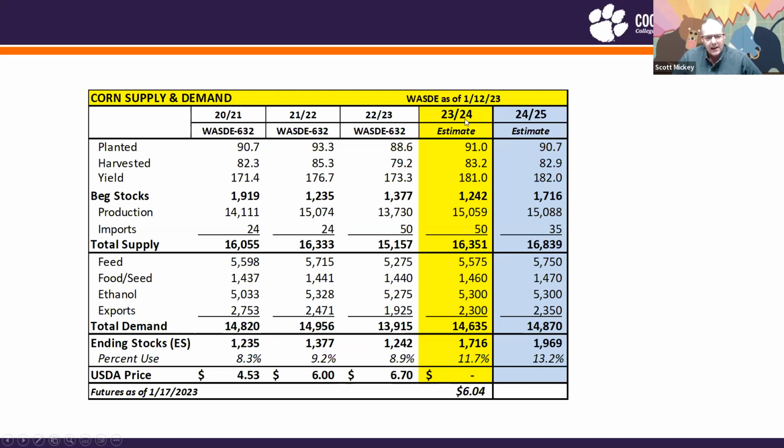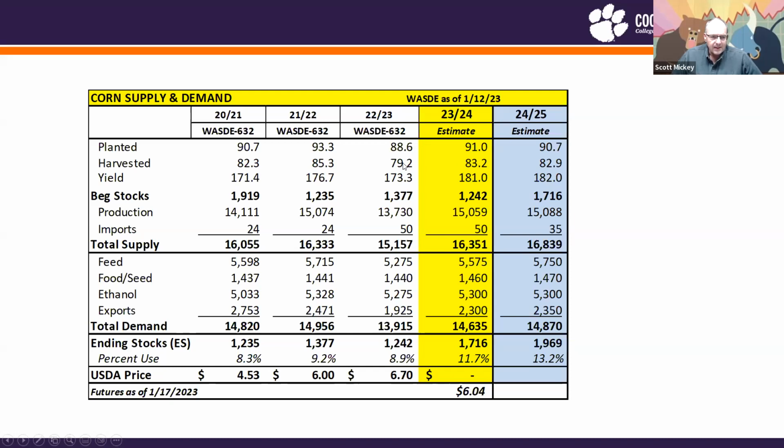These last two columns are not USDA numbers. They're my estimates of what we may see in 2023 and 2024, as the crop will begin planting in a couple of months.